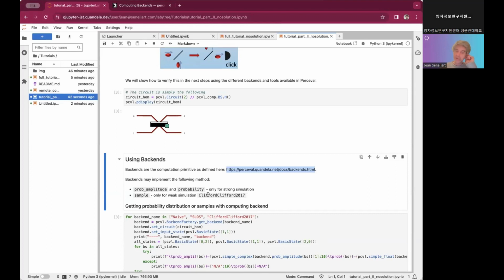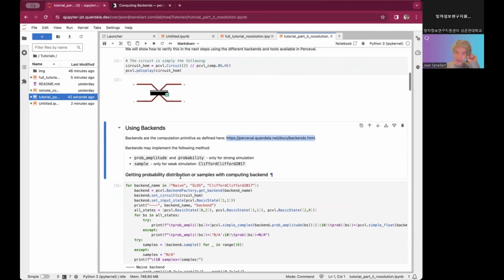Backends have different methods. Clifford and Clifford will give you a sample method, and the other simulators, SLOS and Naive, will give you probability amplitude and probability. Note that a physical device doesn't have probability amplitude and probability.